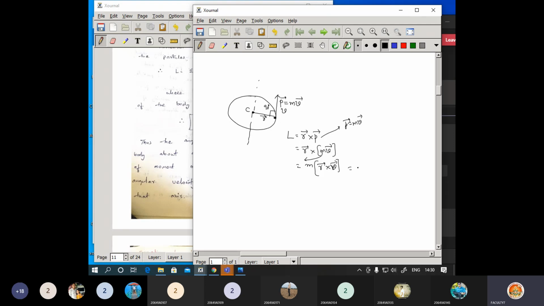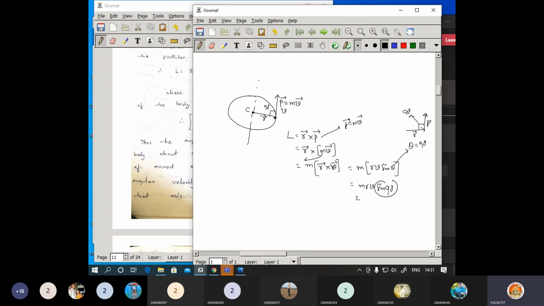Okay, now remove the cross product here. What can you write? r v sine theta. Now identify theta equals 90 degrees. What is the reason here? Because r and p are perpendicular to each other. So that's why this is 90 degrees. So now here what you will get is m r v sine 90 degrees.